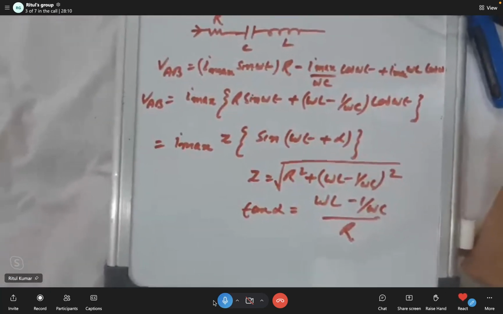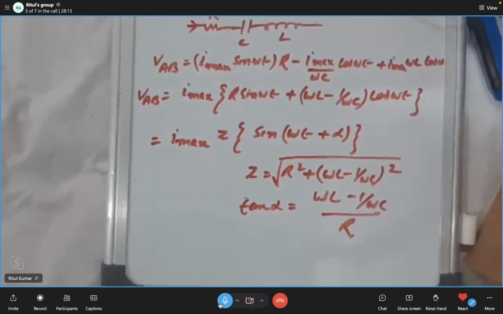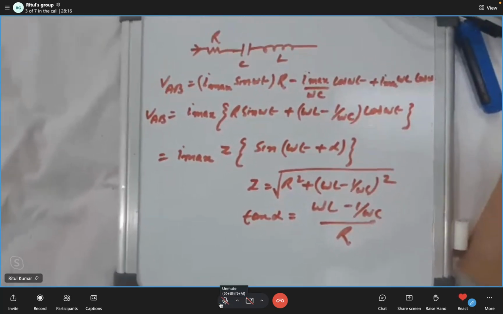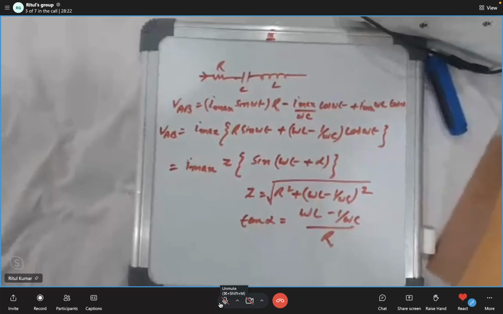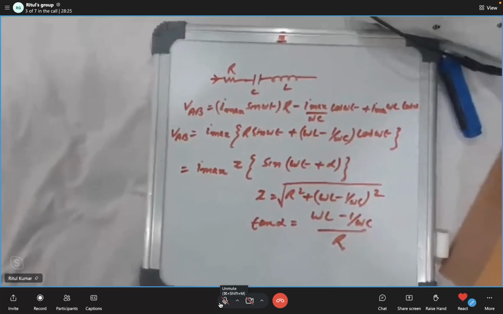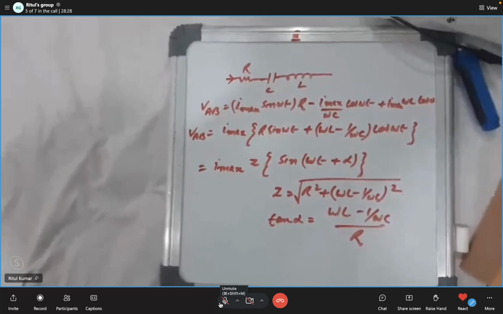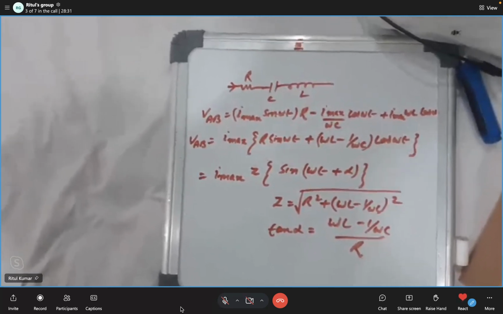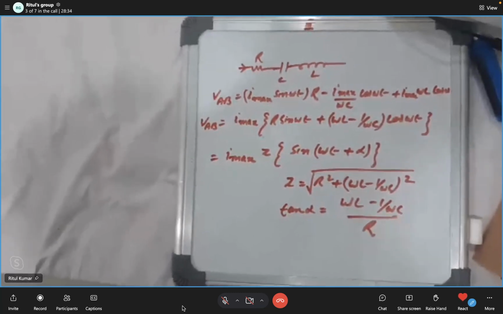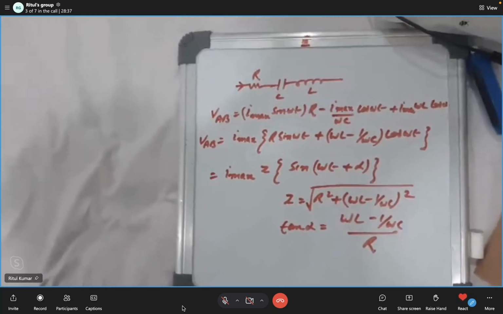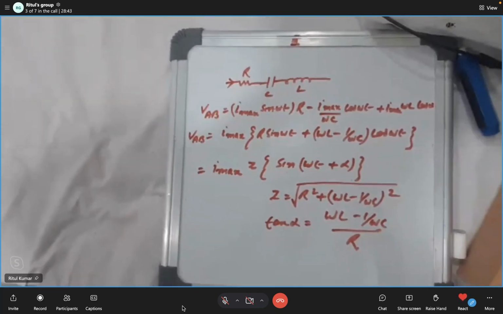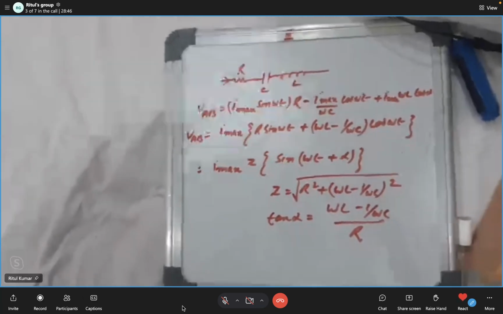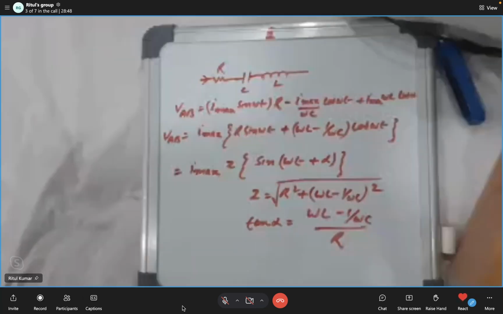And if they're equal, it'll be a purely resistive circuit. That is what is termed in engineering as resonance. Remember what resonance means: when the circuit acts purely resistive with all the components of the electrical circuit present, we say the circuit is in resonance or exhibiting resonance.